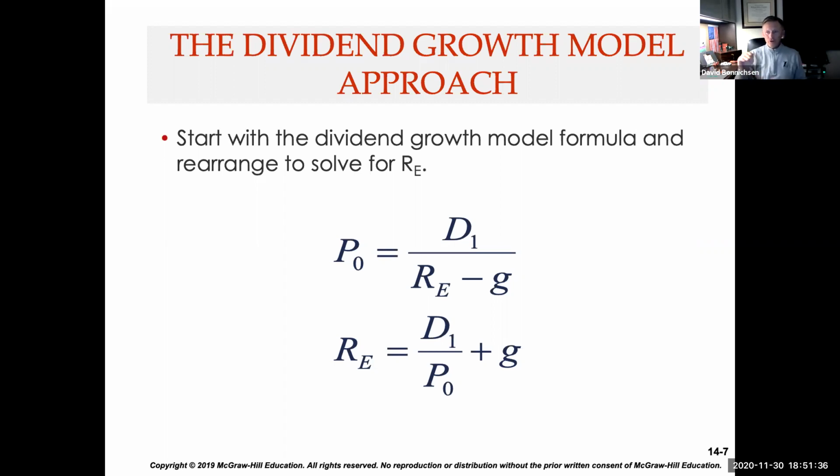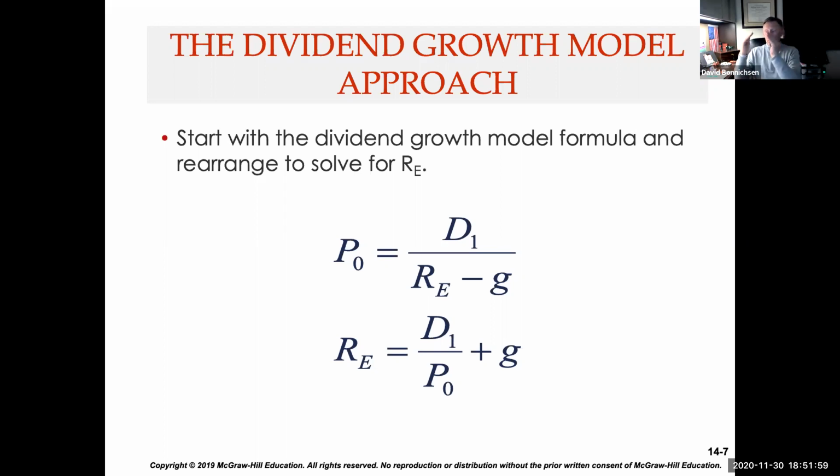If you need to refresh your memory on that, that would have been two lectures ago, I believe. So when we rearrange everything, the expected return is then equal to the future dividend divided by the current price, plus the growth rate. That is our expected return.